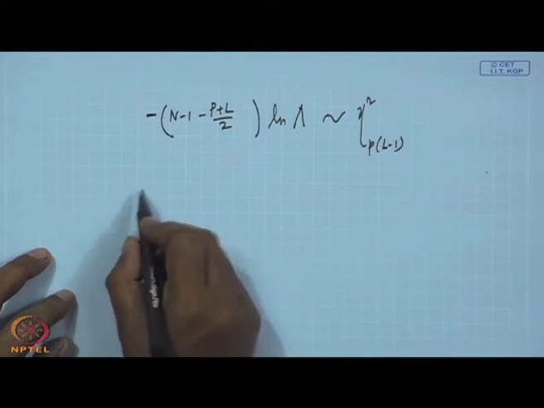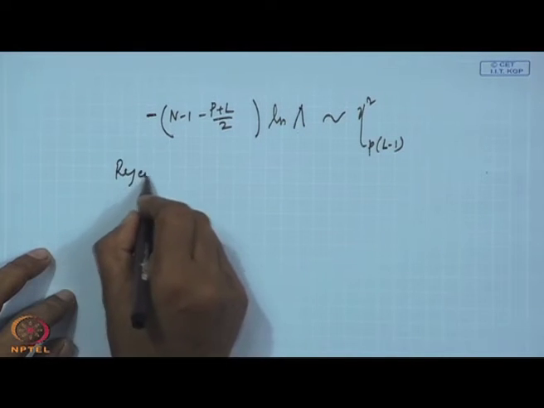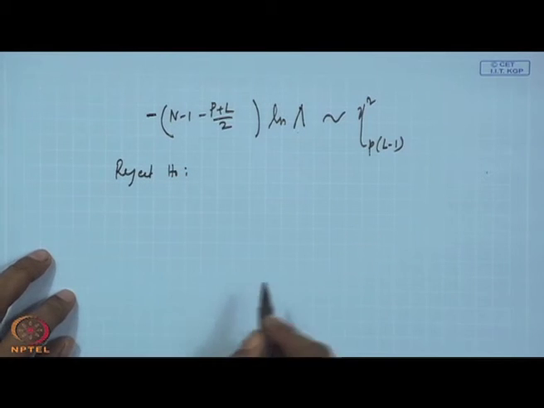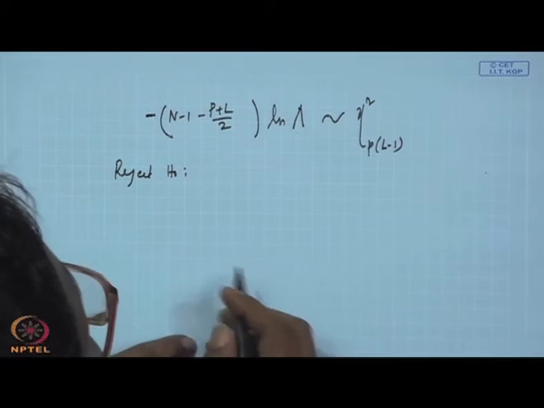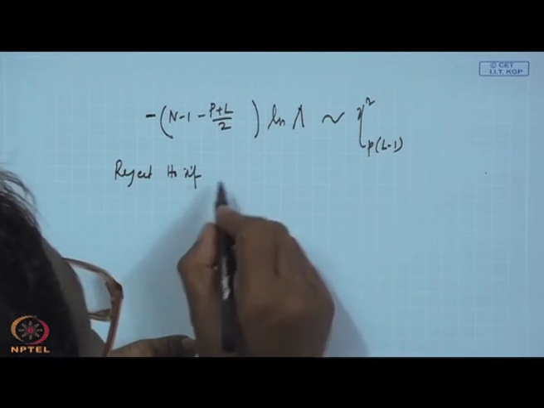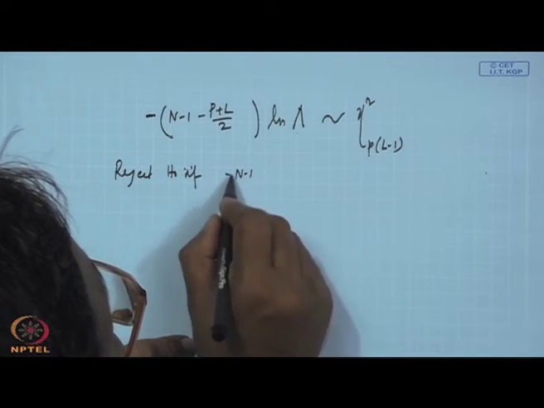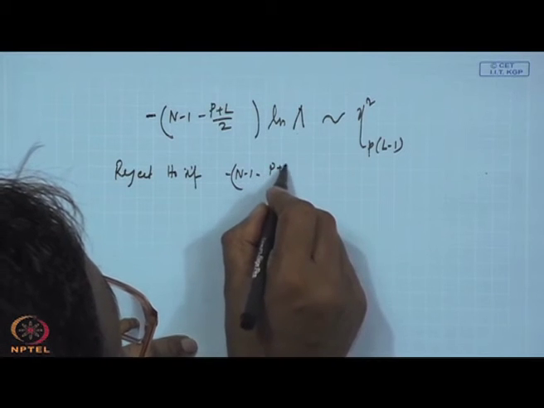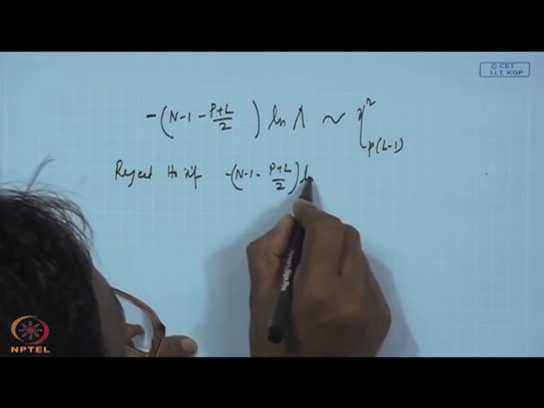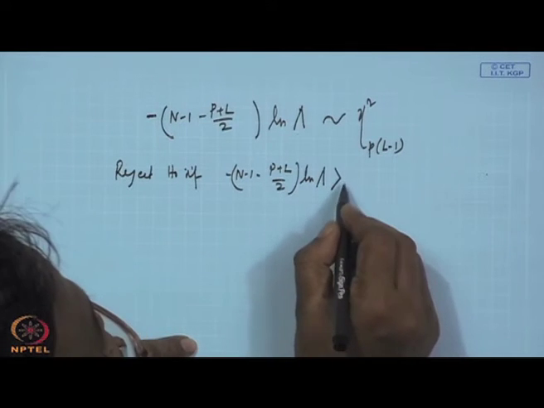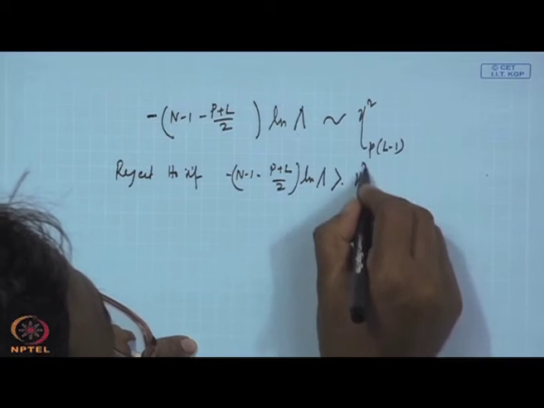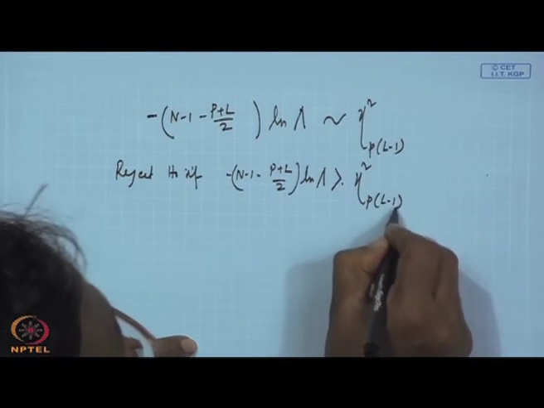So, we reject H0, that means no difference among the population mean vectors, if minus (n minus 1 minus (p plus L) by 2) log lambda is greater than chi-square with p into (L minus 1) degrees of freedom.